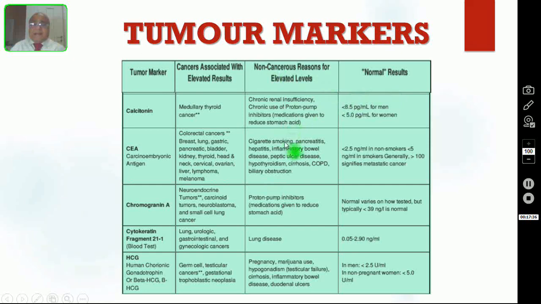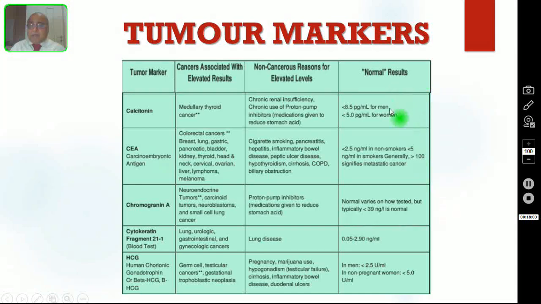The non-cancerous conditions in which CEA will be elevated: even normal cigarette smoking will cause increase in CEA level. And other causes are pancreatitis, hepatitis, inflammatory bowel disease, peptic ulcer disease, hypothyroidism, cirrhosis, COPD, and even any biliary obstruction can cause increased CEA.